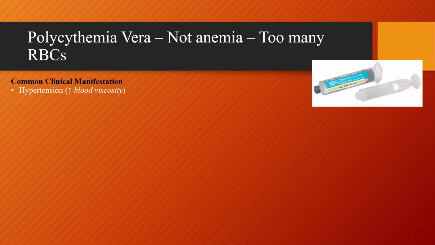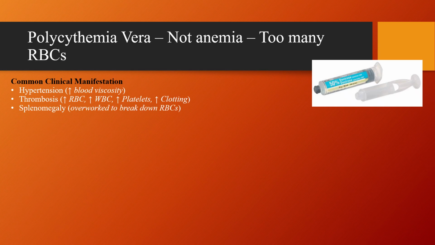Hypertension, because the increased red blood cell mass thickens the blood viscosity. When we talk about thrombosis, this is going to increase your red blood cells, your white blood cells, platelets, and clotting.